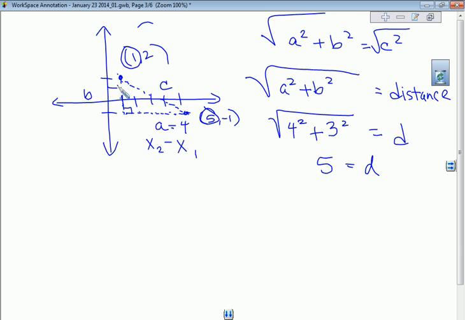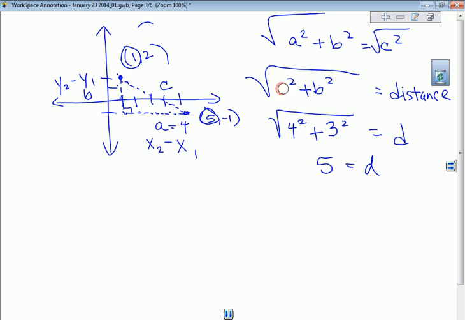Let's look at this. 1, 2, 3. What is 2 minus negative 1? 3. So do we see that this could be represented by this? Now, some of you are saying, wait a second, you switched the order on me. Well, this was actually negative 3 if this was my second point. But what does the squaring do to that negative? It makes it positive.